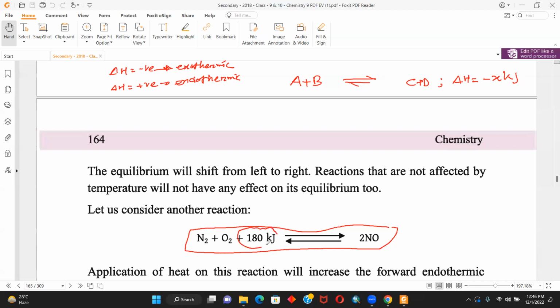That means that heat is being absorbed. 180 kilojoule heat is being absorbed in the system. That means there is extra 180 kilojoule heat among the reactants, which will be exerted.